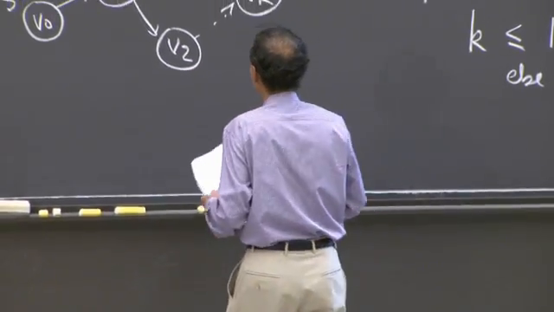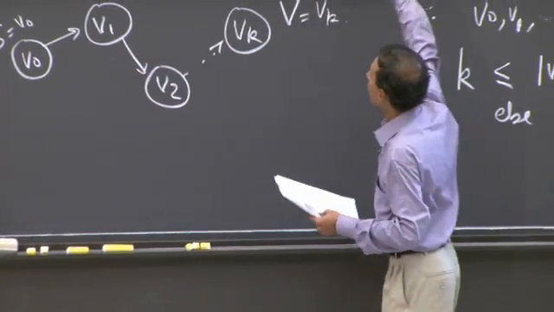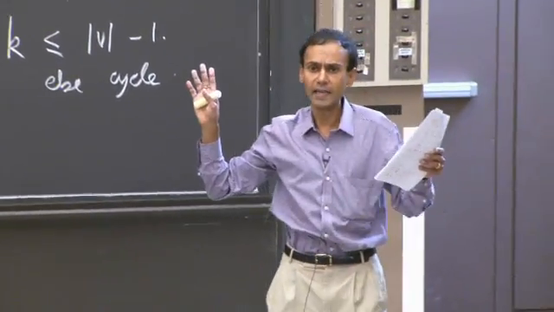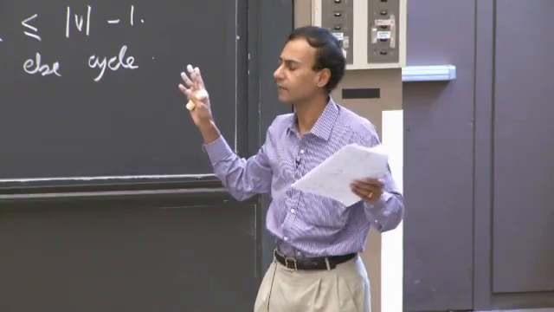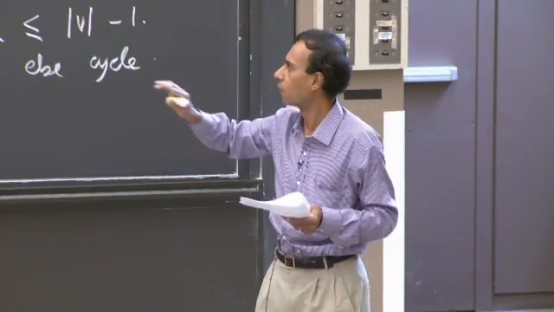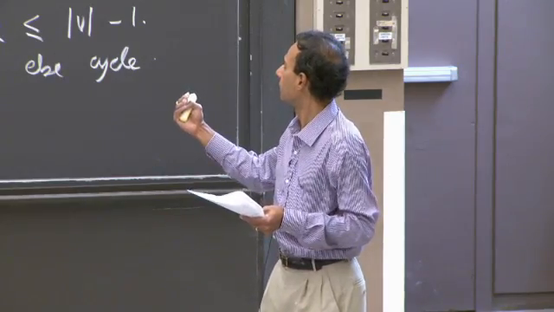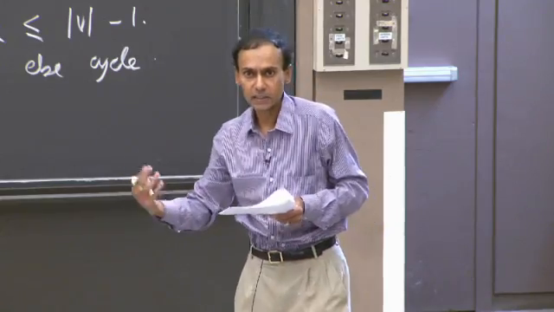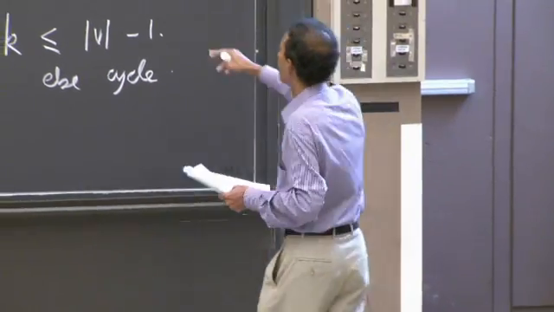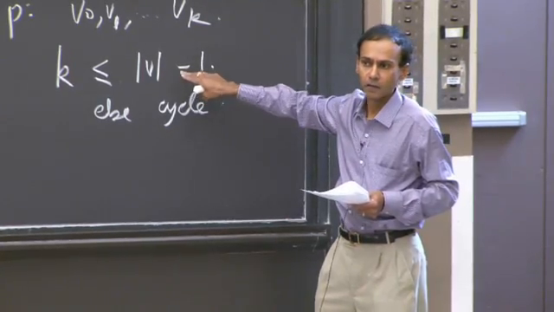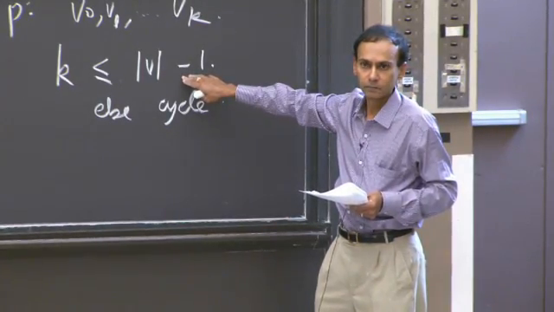I'll get back to that, but in the case where we're trying to prove the theorem, we can assume that no negative cycles exist, and we want to show that Bellman-Ford correctly computes each of the shortest path weights. In that case, there are no negative weight cycles. We are guaranteed that K is less than or equal to V minus 1. All right? Everybody buy that?